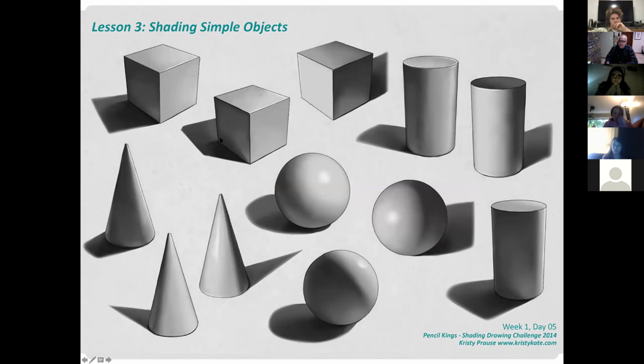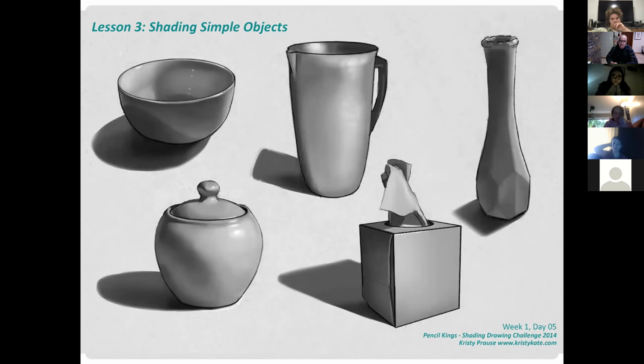Everybody see that? You can even have a highlight on the rim of this. All these things are lit a little differently, but you'll still see those seven divisions of light. And here are more complex objects, but the same things are still happening on these objects.